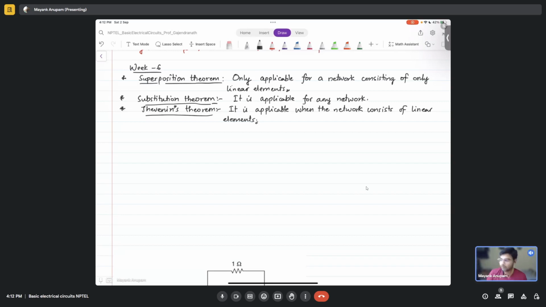Even if they are dependent sources, their dependency relationship should be linear. If it is a dependent voltage source, what should be the relationship? If it is a VCVS, what kind of relationship do we need? The voltage should be some K times some other voltage.